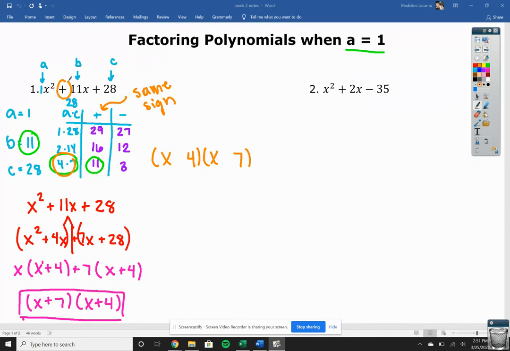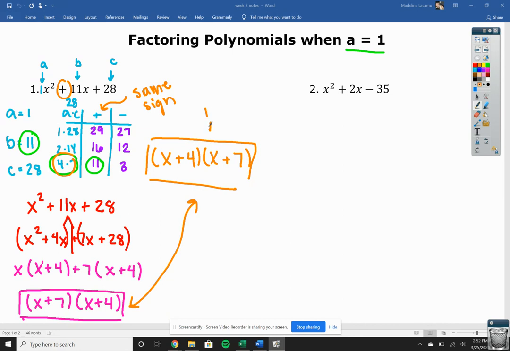Now, since our b value is a plus, that tells us that both of these are going to be plus. So if you're looking at the same sign, always use the sign of b. And notice we got the same answer here. So we did it correctly. It doesn't matter what order you write it in, they're still the same.